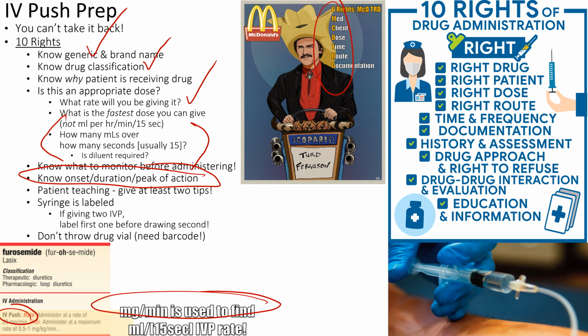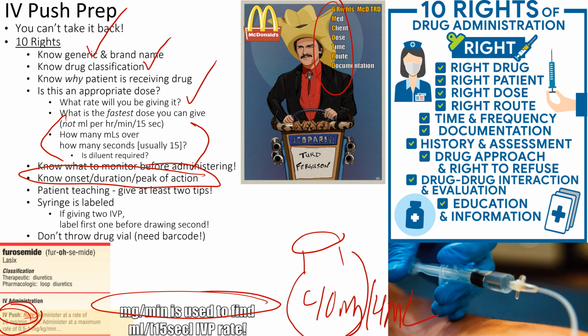So for instance, if it's 20 milligrams a minute, and it's a Lasix vial of, let's say, 40 milligrams, I'm giving 40 milligrams. How fast can I give it? It's a vial of 4 mLs of 40 milligrams of Lasix.